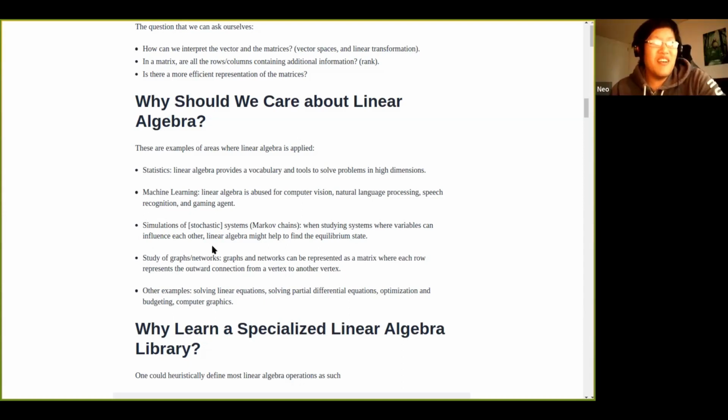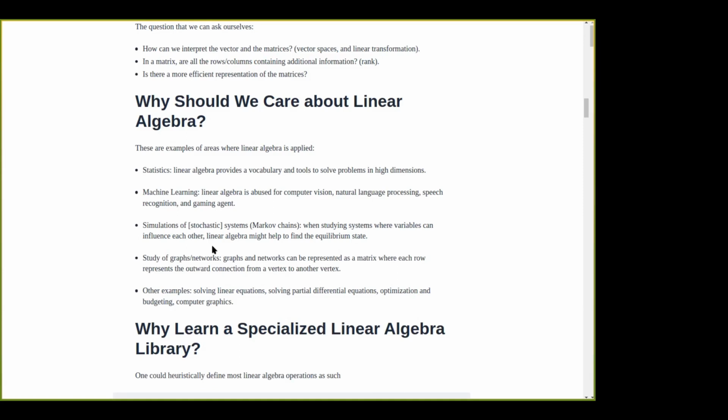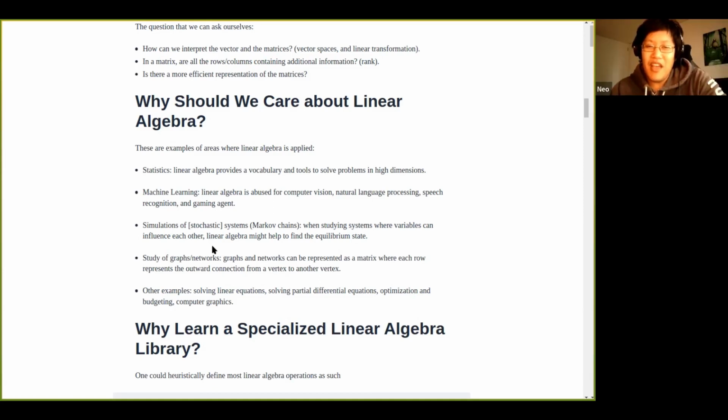Well, the thing is, if you look at the advances of the last 5 to 6 years in machine learning, it has mainly been about deep learning techniques and deep learning architectures. Then if you look into the papers in this domain, what you see is they mainly do matrix operations.